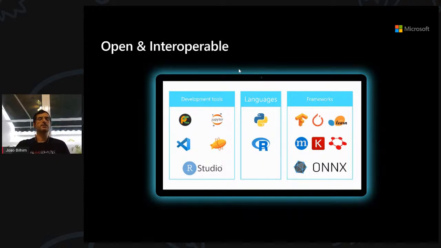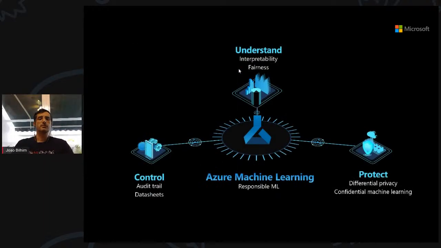Now, obviously, on the development tool side, today we're talking Visual Studio Code, but there's nothing that keeps you locked in Visual Studio Code. You can use whatever UI is the one that you like the most. Last but not least, there's a lot of focus recently on responsible ML.